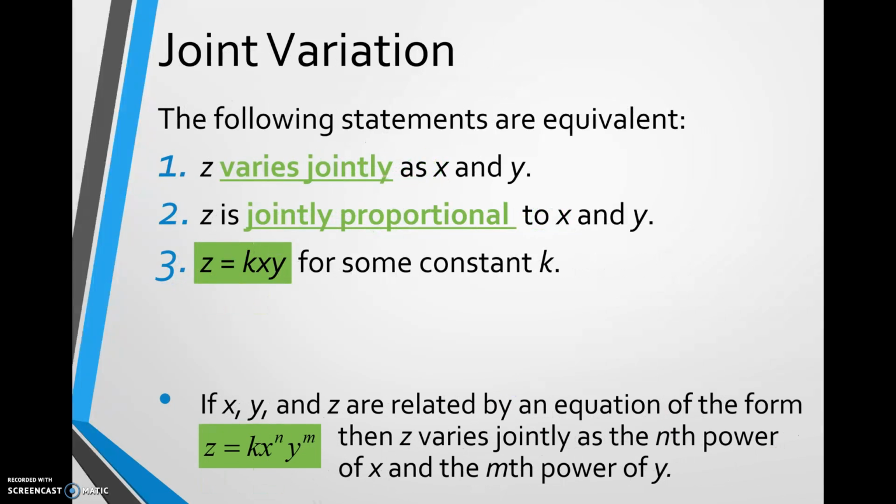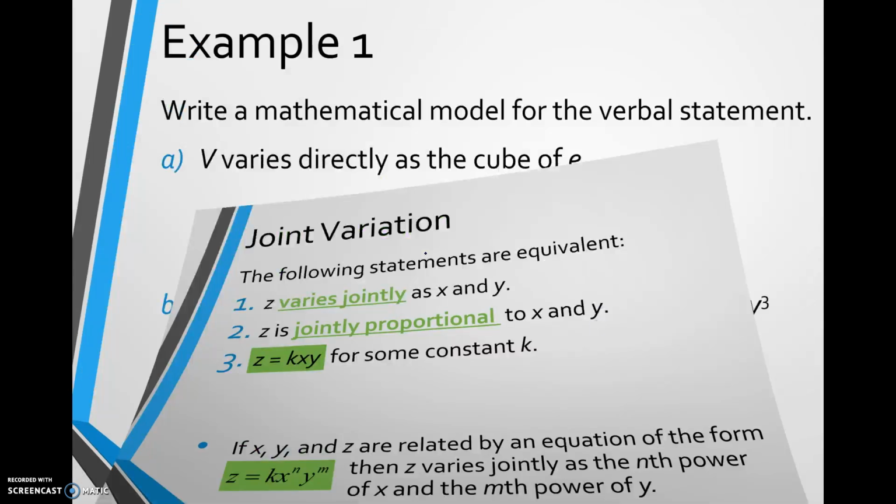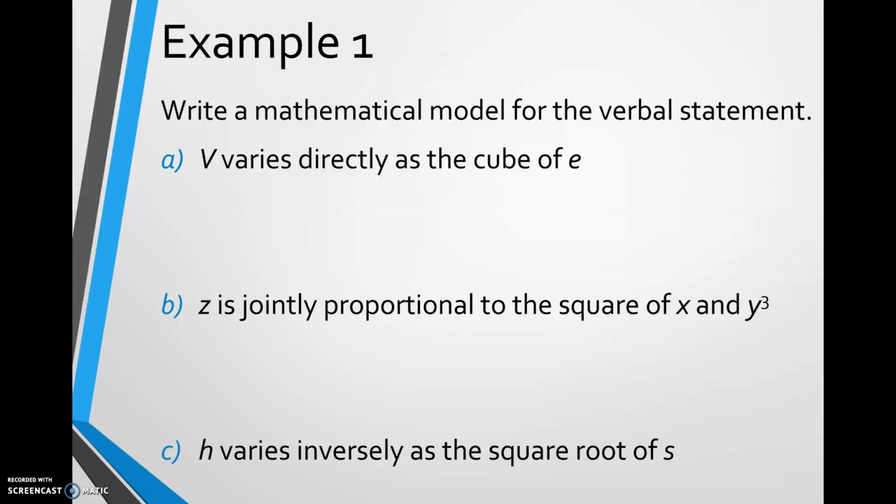We're also going to talk about joint variation. Joint variation is another form of multiplication. It's k times multiple things. So z varies jointly with x and y, z equals kxy. And you can also involve exponents in that one. Moving on, let's look at an example.